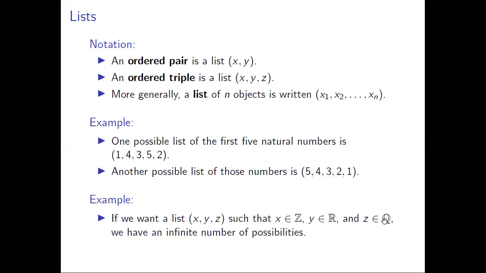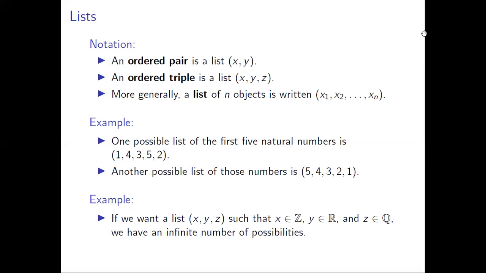Now, suppose we want to have a list x comma y comma z such that x is an element of the set of integers, y is an element of the set of real numbers, and z is an element of the set of rational numbers. Okay, so we want to construct a list, and we have these specifications that we want to follow.